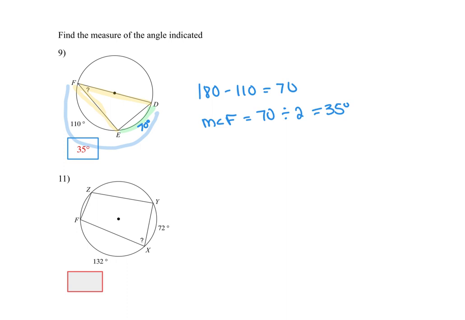All right, let's look at this. The angle that they want is angle X, right? They want this angle right here. This is the angle they want, which means what is going to help me is this arc. I do not have that arc, but I do have the other two pieces that make up the entire circle.